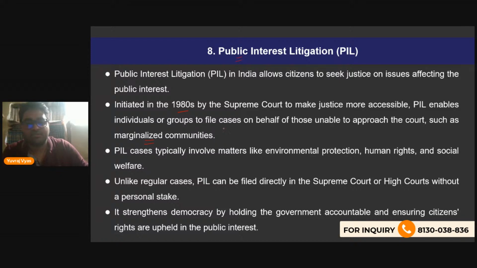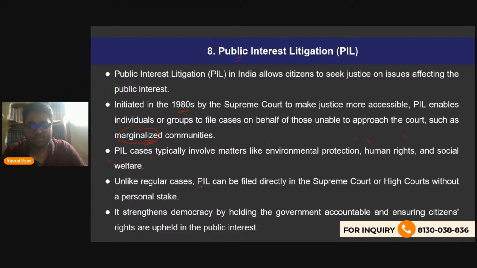So if people are very poor and uneducated, and they don't know what to do if their rights are getting violated, any public spirited person can approach the court on their behalf. For marginalized communities, this special provision is available under the Indian legal system. PIL cases typically involve matters like environmental protection, human rights, and social welfare.